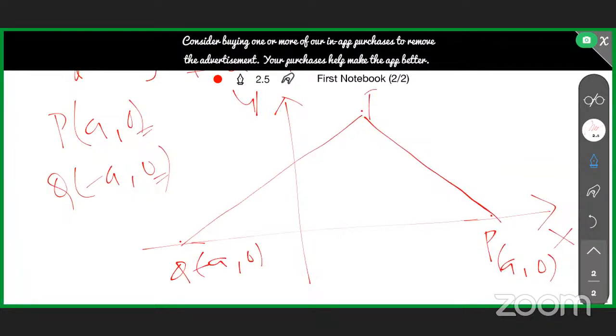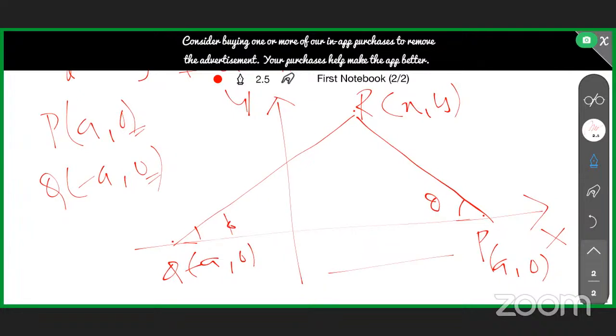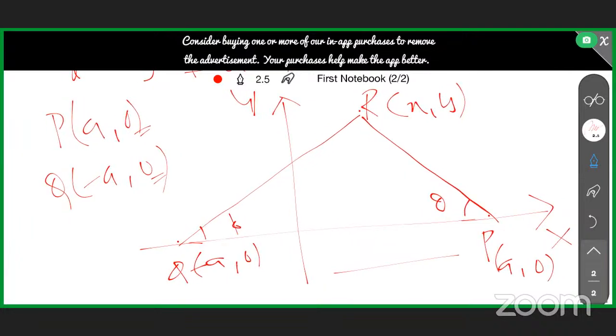This is R (x, y). To simplify this diagram, since they gave this angle, I'll take one angle as theta and this angle as phi. From here to here, the distance is a, and from here to here also the distance is a.